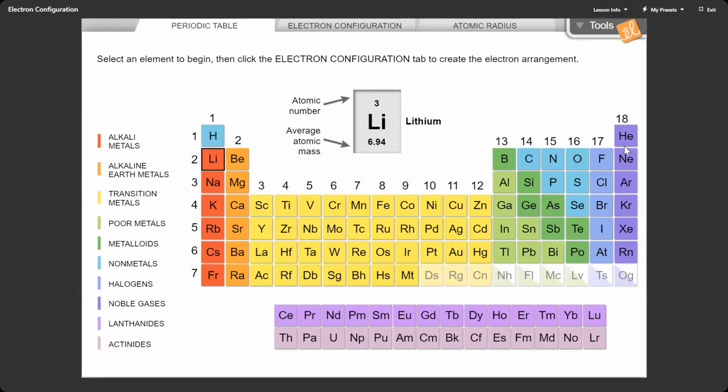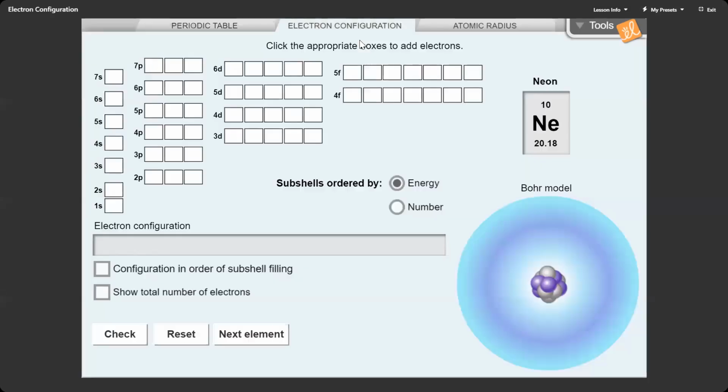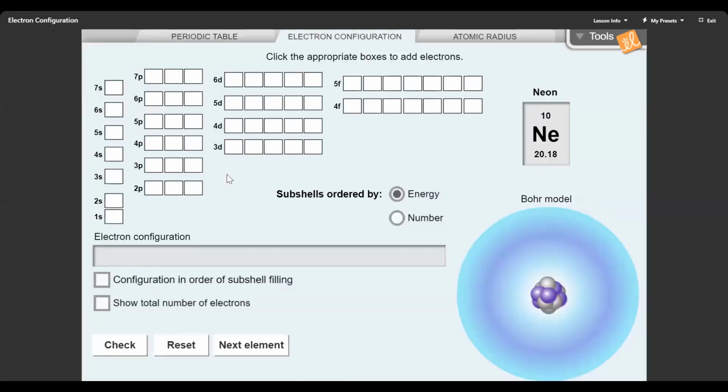So we go to neon. I'm doing this with the simulation. The first thing you do, you go to the periodic table and check the atomic number of neon.